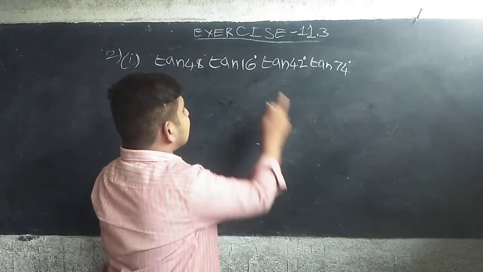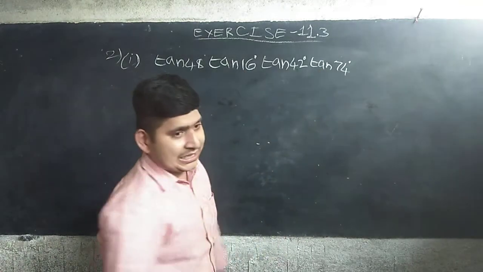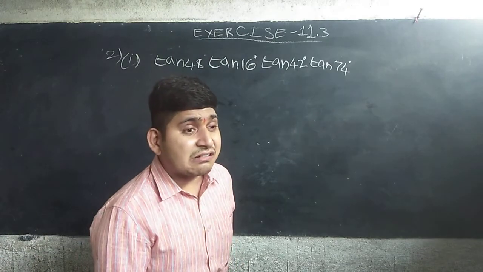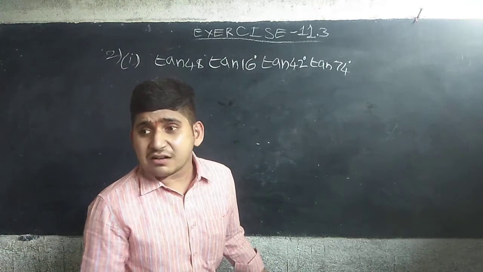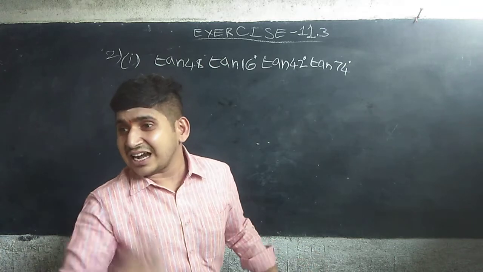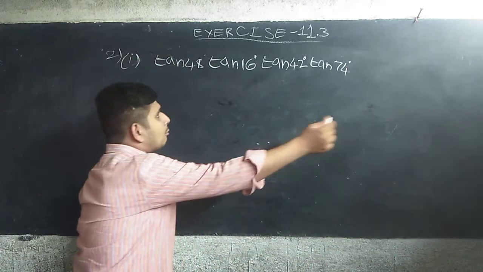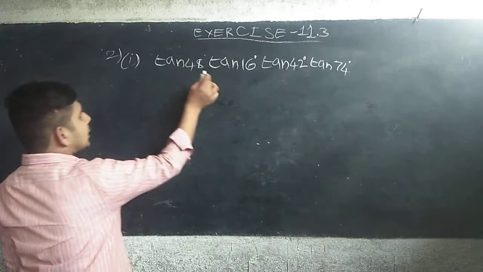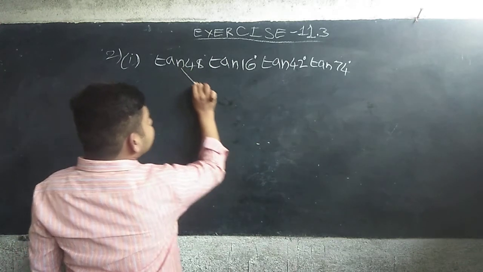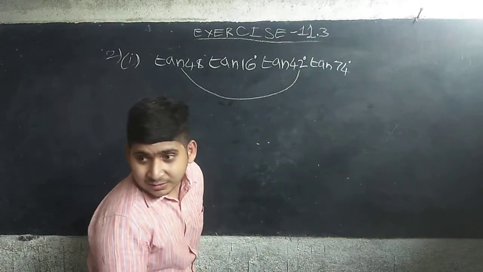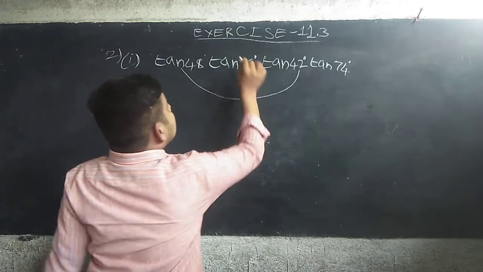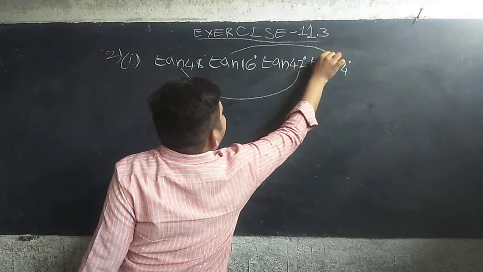Now we take 16 and 74 degrees. 74 plus 16 equals 90, so theta plus theta equals 90 degrees. So these two angles form a pair, and these two angles form a pair.